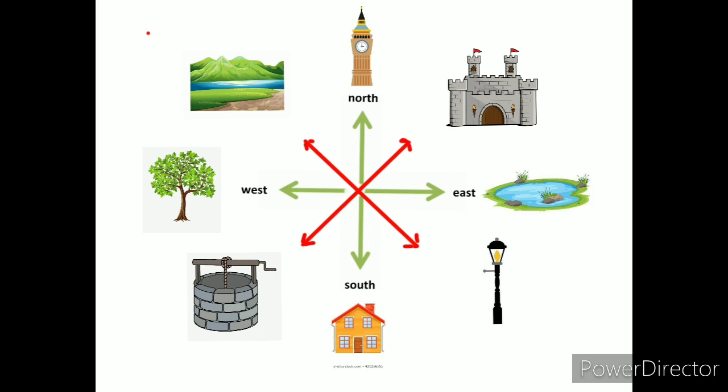The well is to the southwest and the street lamp is to the southeast. So, these are the 4 sub-directions, that is northwest, northeast, southwest and southeast.